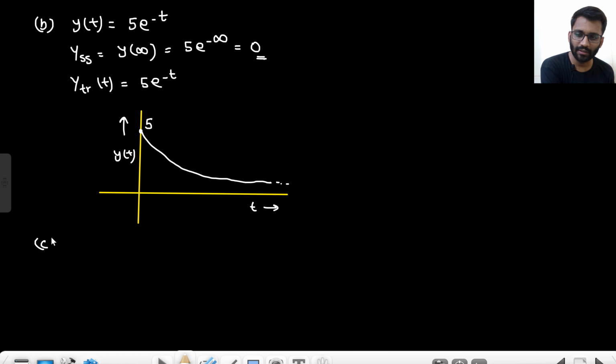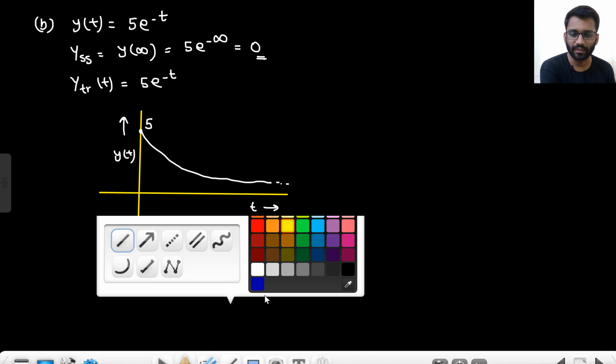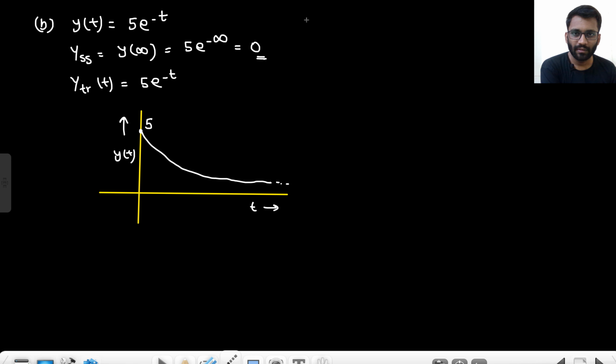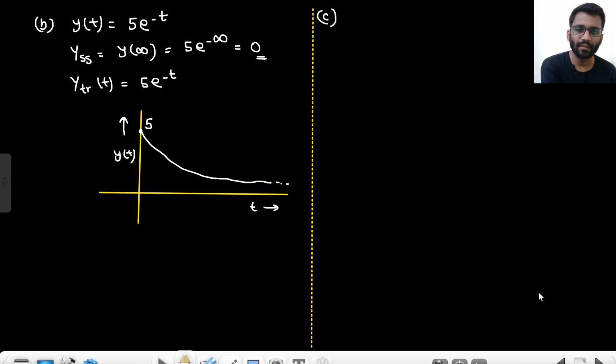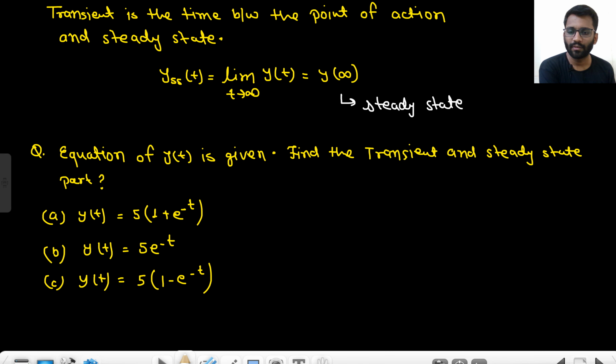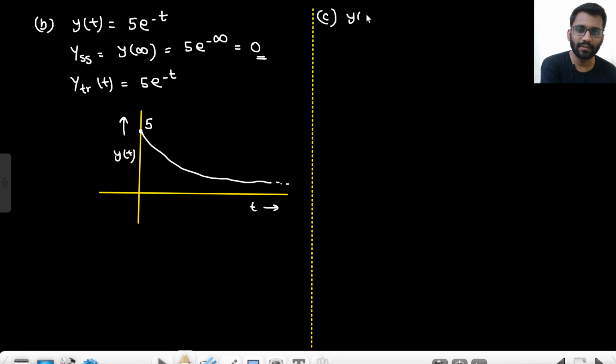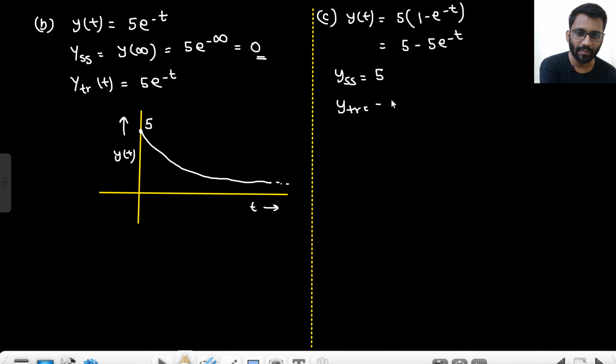Now the third option, I guess we can draw the third one here as well. The third one, y(t) is 5(1 minus e to the power minus t). So I can write it as 5 minus 5e to the power minus t. So basically your y steady state is 5 only, and y transient is minus 5e to the power minus t.